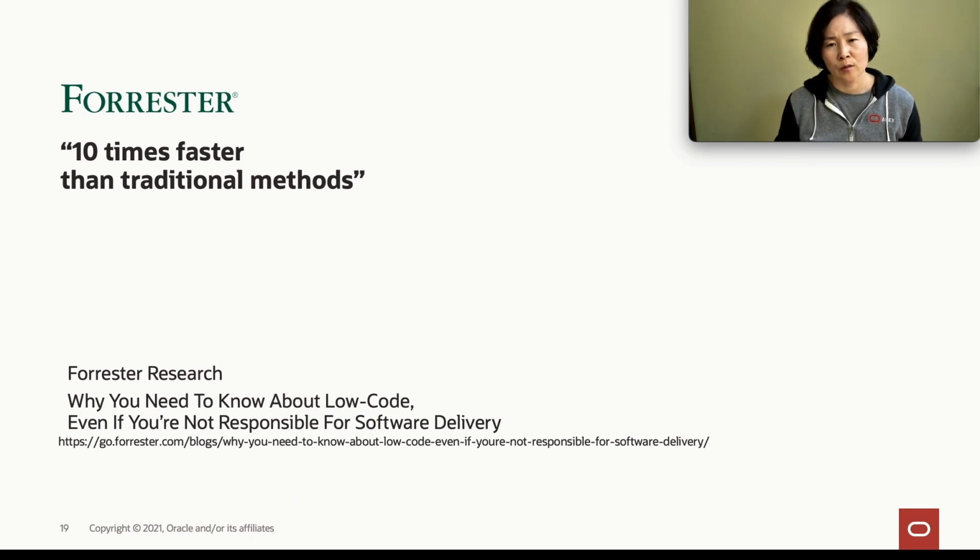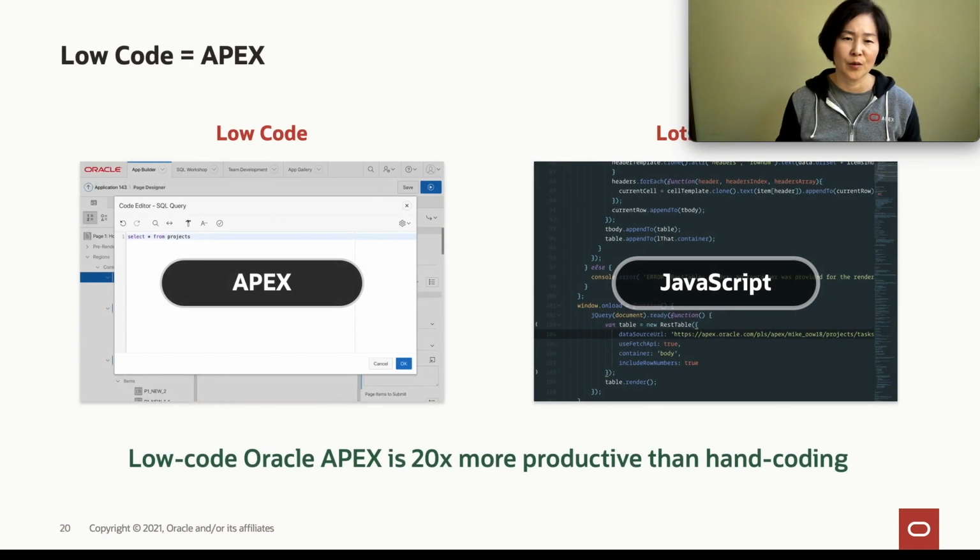Forrester says that low-code development is 10 times faster than traditional coding. We'd like to say that Apex is 20 times more productive than hand coding. Now, 20 times more productive is a real bold statement, but it is also an understatement because countless customers have told us they were able to build an Apex application in days that would otherwise have taken them months and months or years.